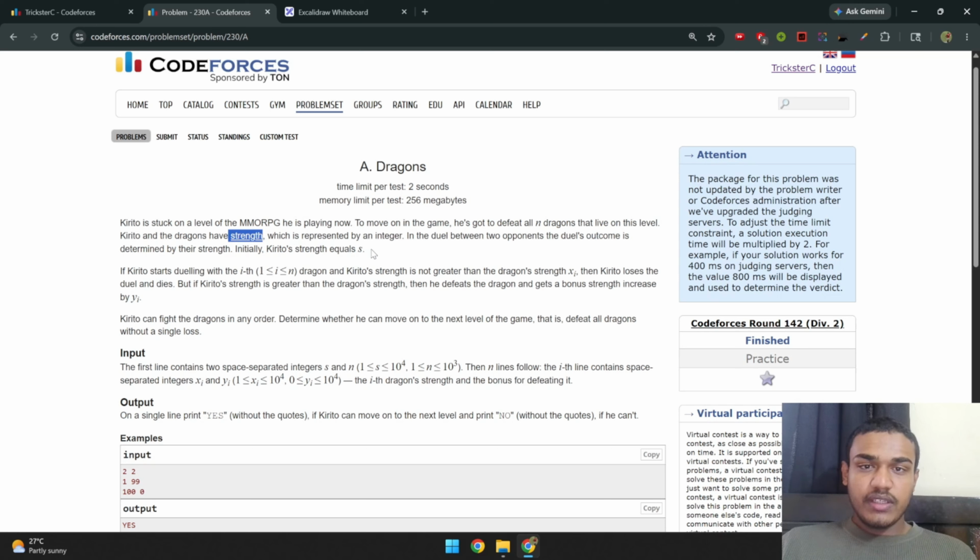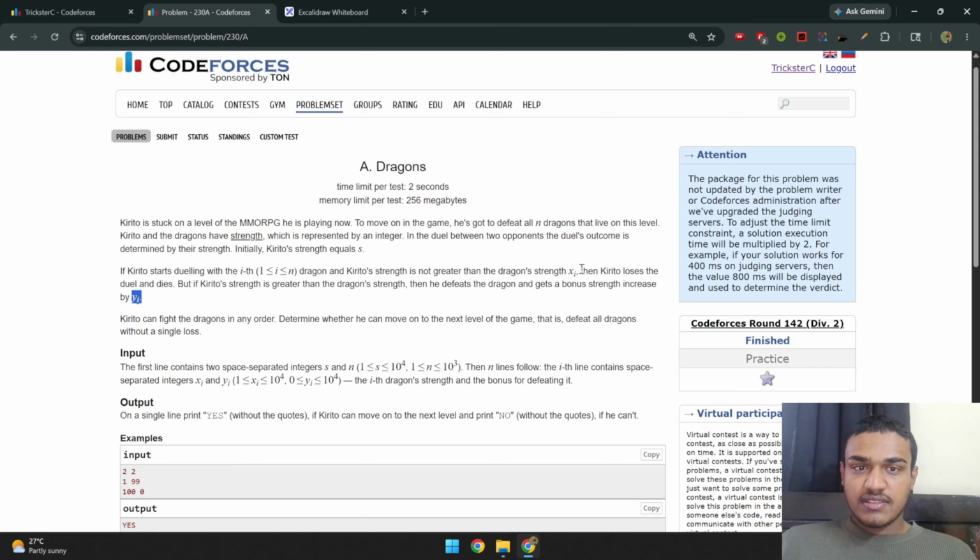A duel between our player and these dragons is determined by strength, which for our player is given by S. The player duels with these dragons, and if the player's strength is not greater than the dragon's strength, then the player loses the duel and dies. Otherwise, the player defeats the dragon and they get a bonus strength, which is denoted by yi.